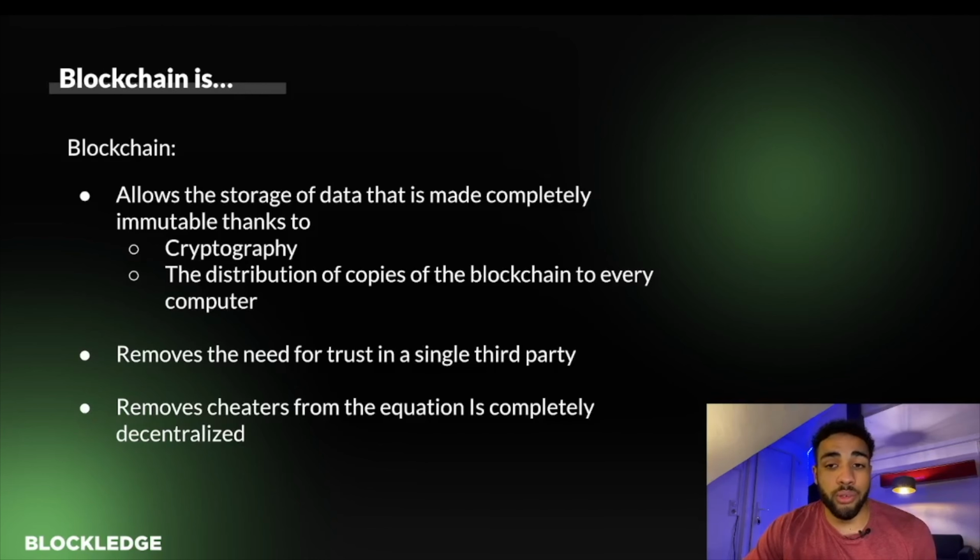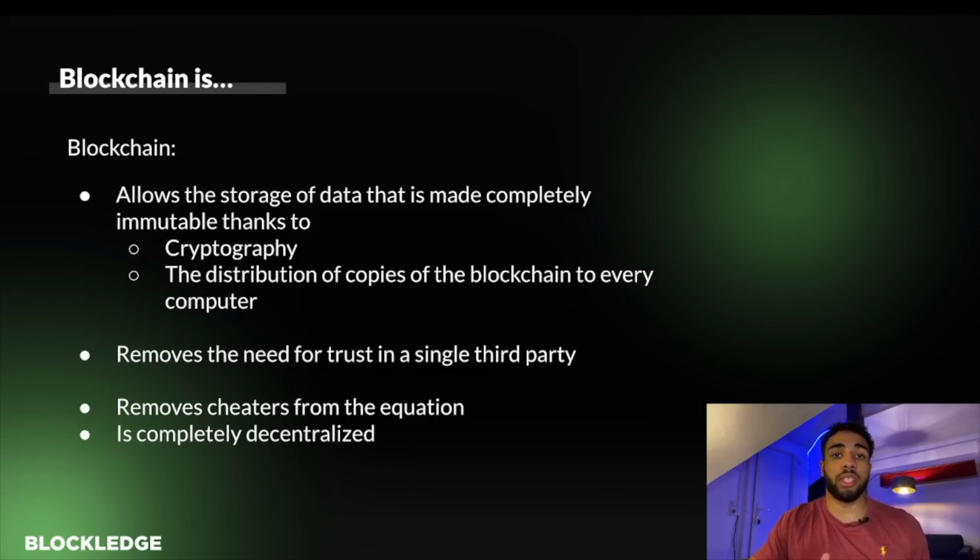Blockchain also removes the need for trust in a single third party. That's because it is a network and there's not one person saying yes, this goes in the ledger or not. It's a whole network with set rules that everybody has to respect in order to participate. Blockchain removes cheaters from the equation. And finally, blockchain is completely decentralized.